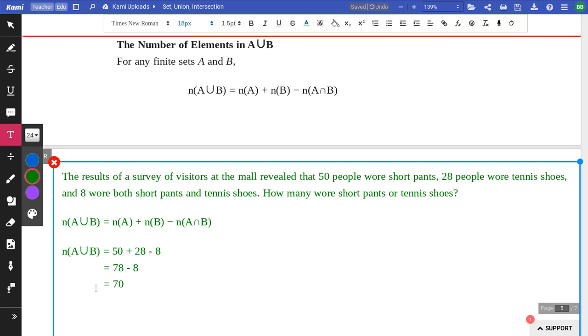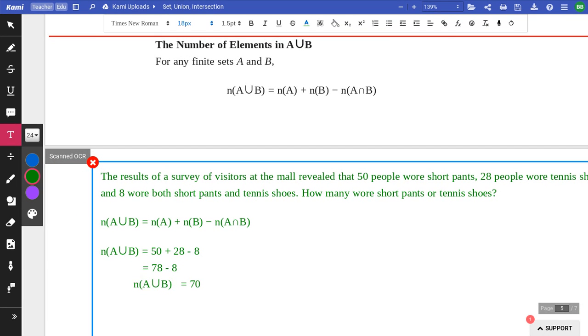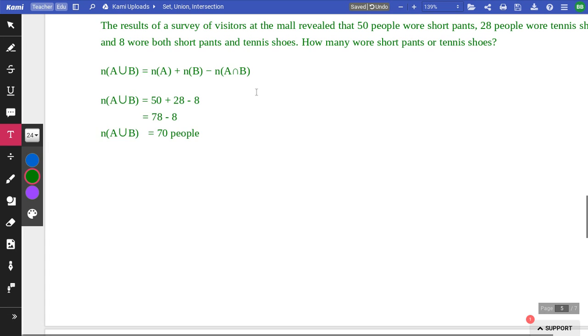Therefore, our or is 70 people. So the question asked us, how many wore short pants or tennis shoes? 70 people. And utilizing the same formula, we can go ahead and solve one more question.